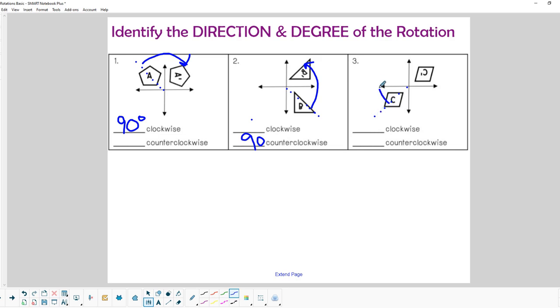If you rotate it 180 degrees clockwise, you end up right here, or 180 degrees counterclockwise, you still end up on the same line over here. So this could be 180 degrees clockwise or 180 degrees counterclockwise.